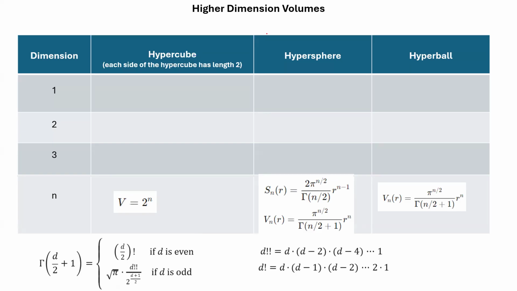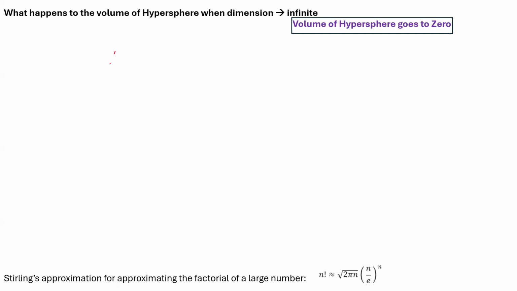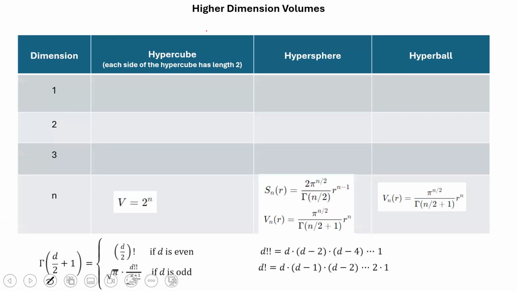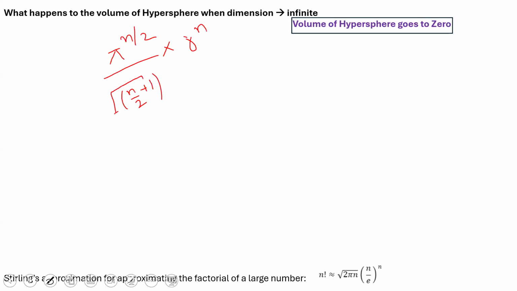Pi to the power of n by 2, r to the power of n, by gamma of n by 2 plus 1. So I am writing this as pi to the power of n by 2, divided by gamma of n by 2 plus 1, into r to the power of n. Right? This is what the formula is. Now what we are interested in is when the number of dimensions goes to infinity.